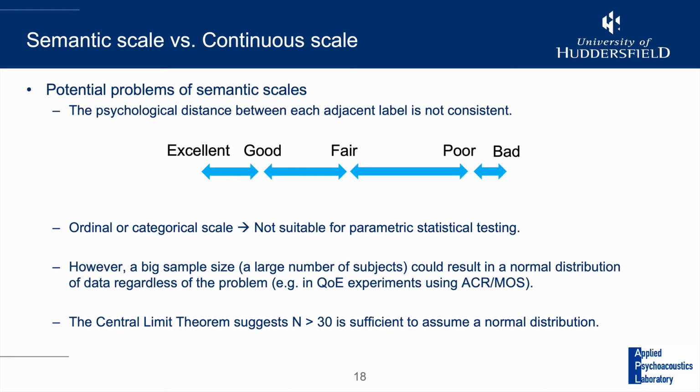But then to validate this, the number of subjects would need to be more than 30 at least. That's what the central limit theorem suggests. So basically, the sample size bigger than 30 is assumed to be sufficient to assume a normal distribution, although the basis for this assumption is not very clear.